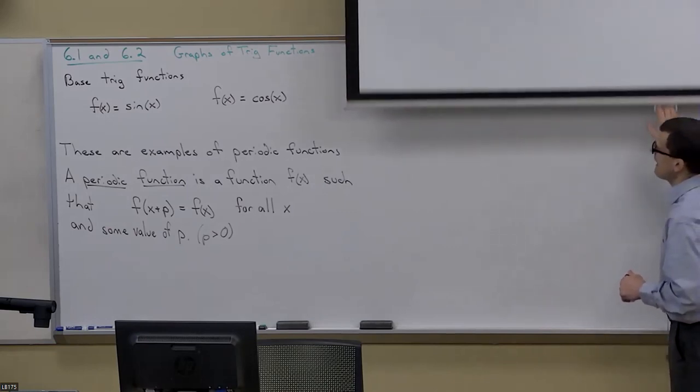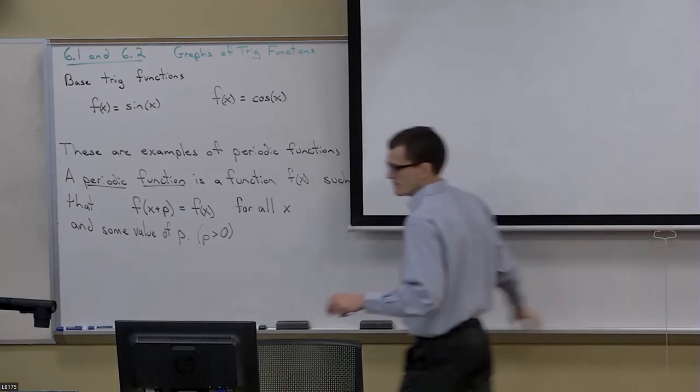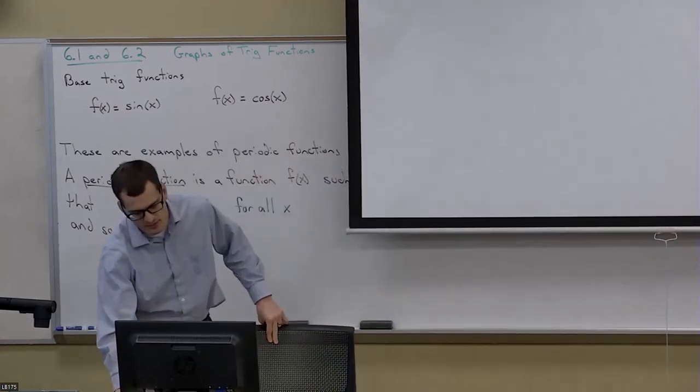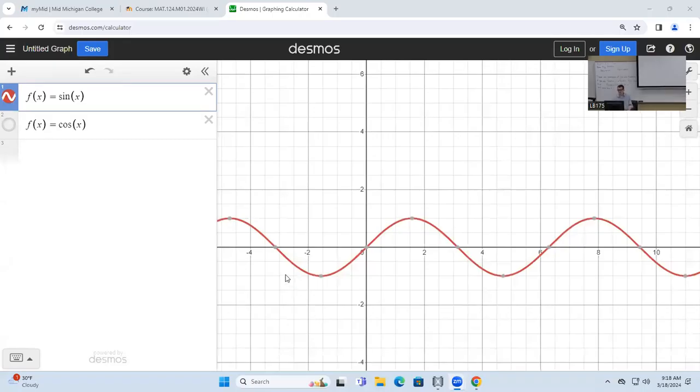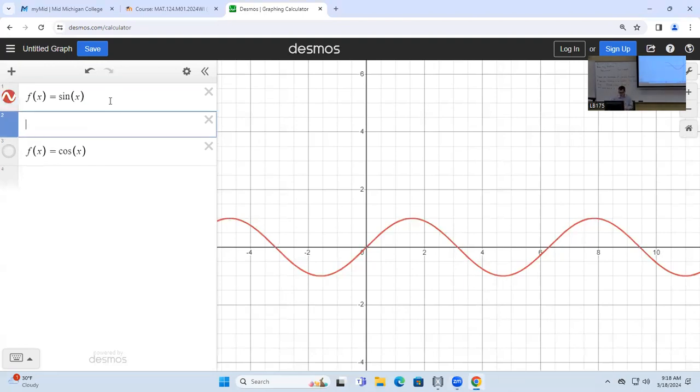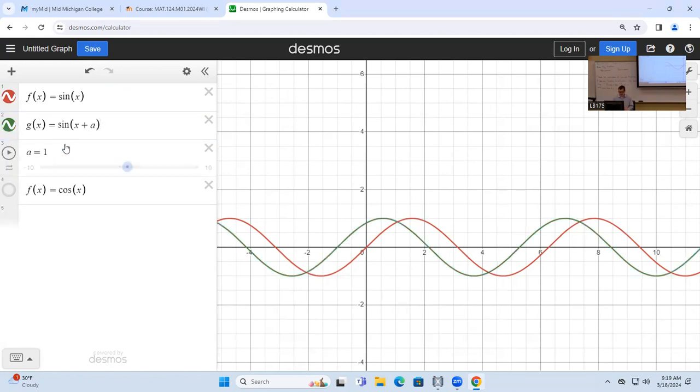Let's take a look at our example in Desmos. So we have sine x. And let me do a shifted version of sine x, so let's do sine of x plus a, where a is a slider.